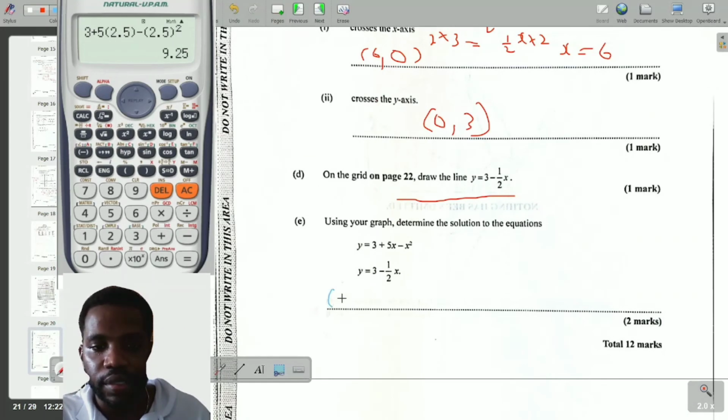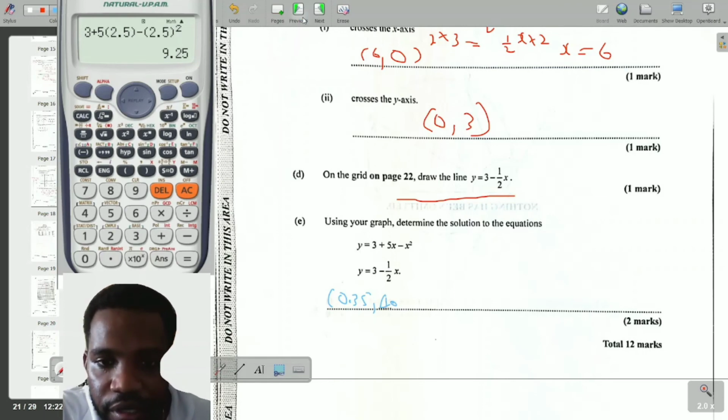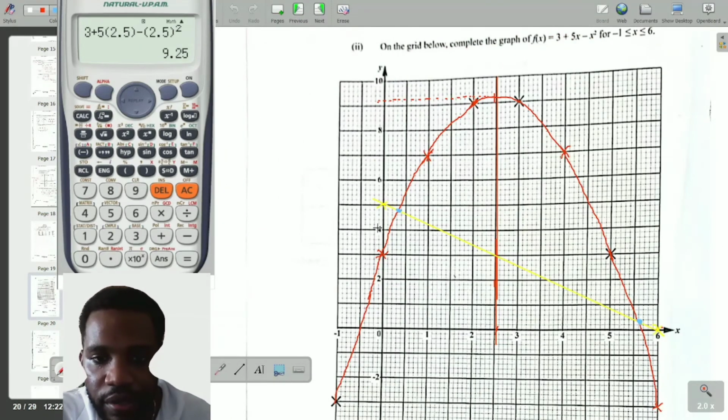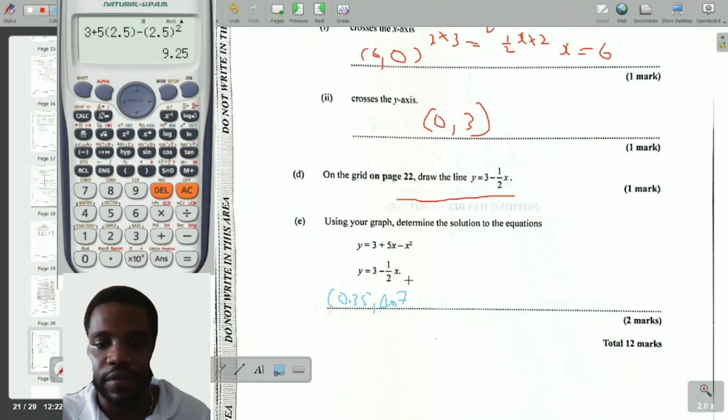So the solution is 0.35, and my y value was 4.7. Yeah, 4.7. That's one solution.